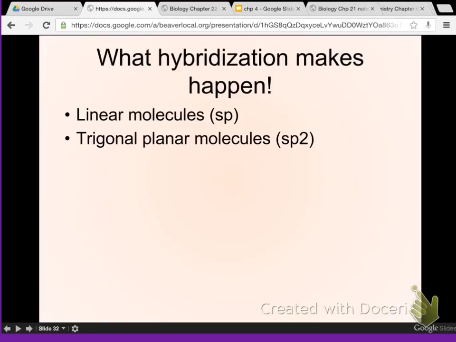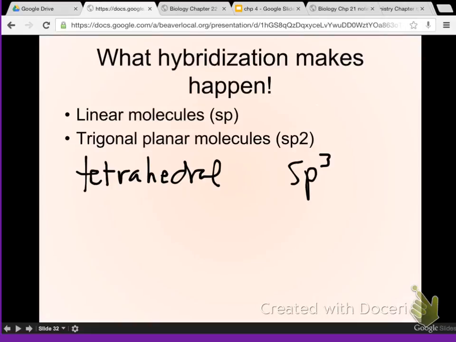Trigonal planar molecules. And what did we say that sp3s enabled? Tetrahedral. Yep. Because the sp3, you have 4 things that you can now bond to the central atom. If you can bond 4 things to the central atom, suddenly you've got a tetrahedral molecule.